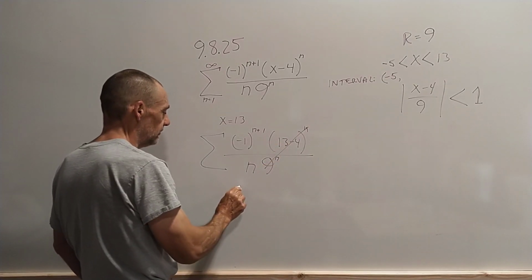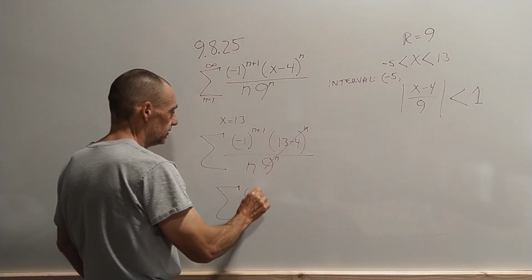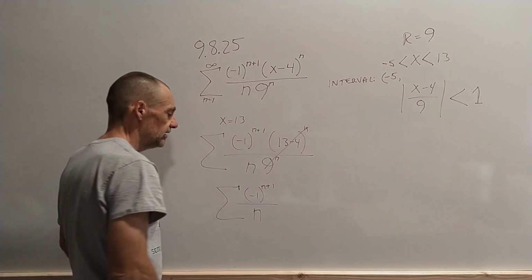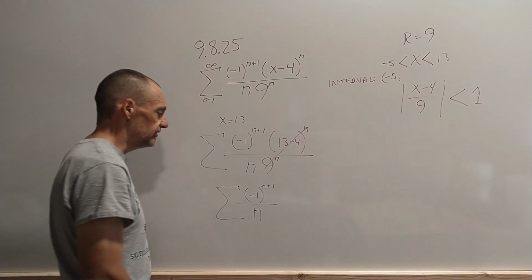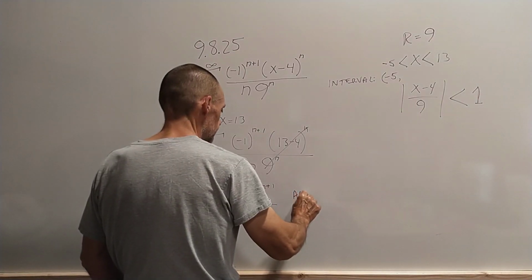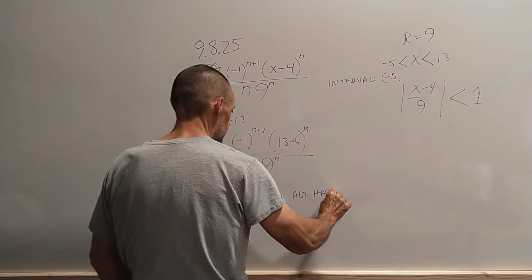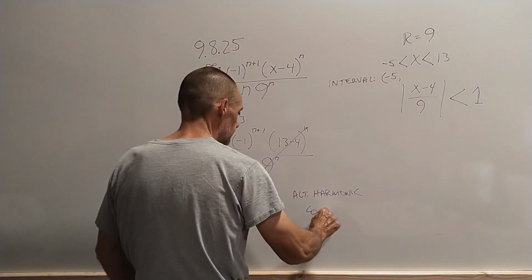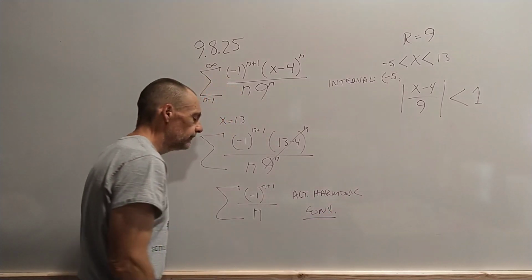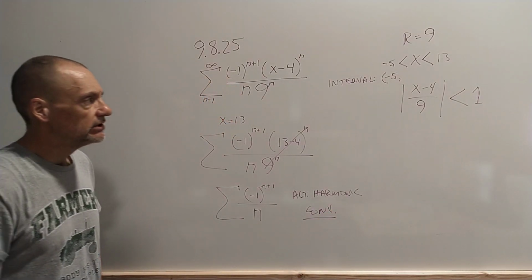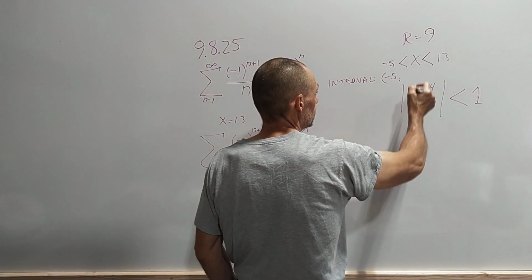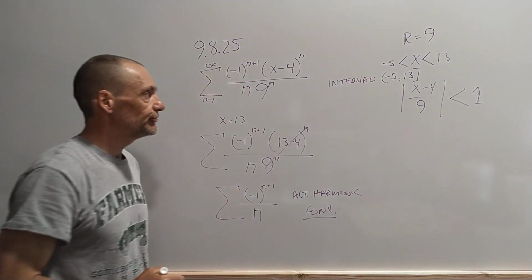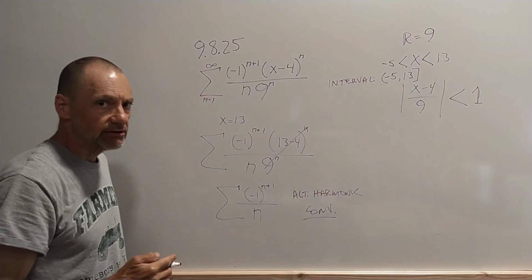This cancels, and we end up with -1 to the n plus 1 over n. This is the alternating harmonic series. Which we know converges. So the other side of our interval of convergence is going to get a square bracket showing that when x is 13, the series converges.